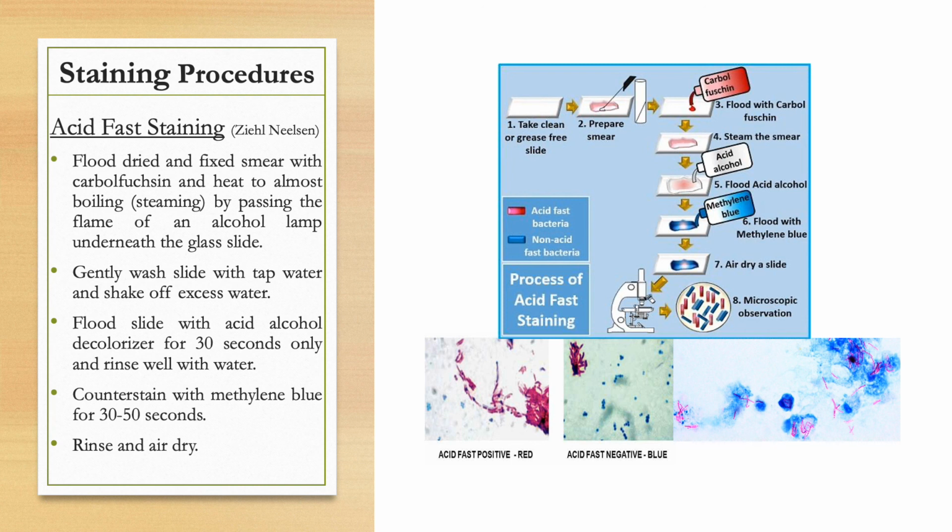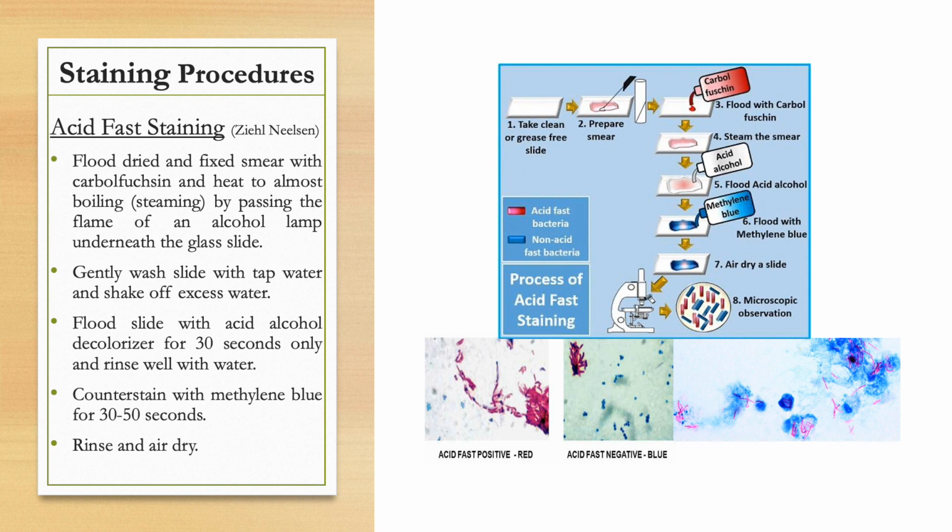Okay, you do this by passing the flame of an alcohol lamp underneath the glass slide. Okay, this causes those compounds which we talked about earlier, the mycolic acid, to become penetrable by your primary stain, right?